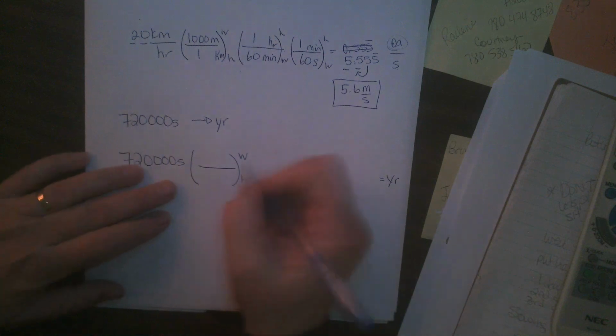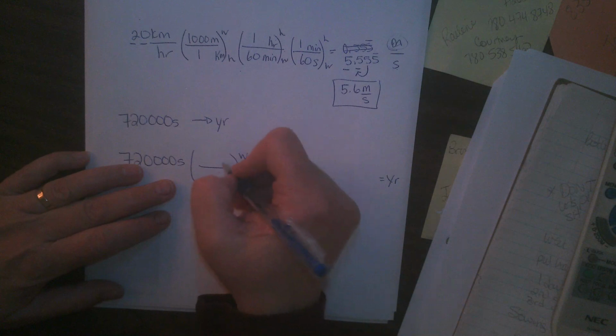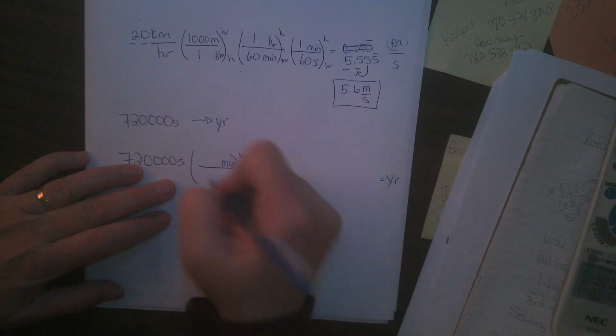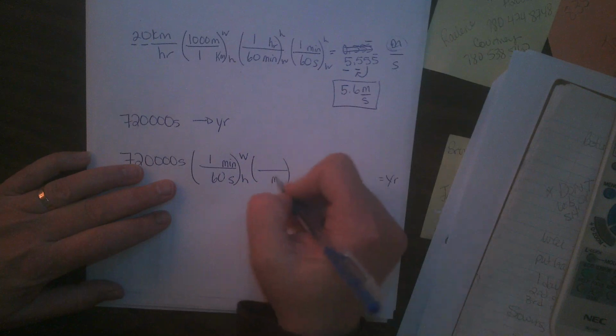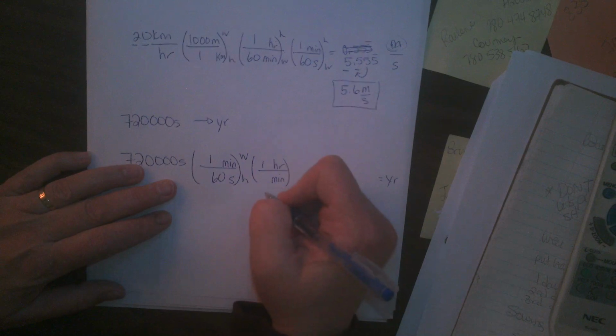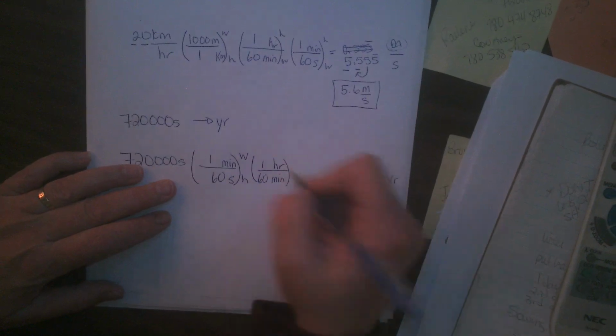Okay? So I have seconds. What's the next thing after seconds? Minutes. So in 1 minute, there's how many seconds? 60. Okay? Now, minutes, what's my next step? Hours. In 1 hour, there's 60 minutes.